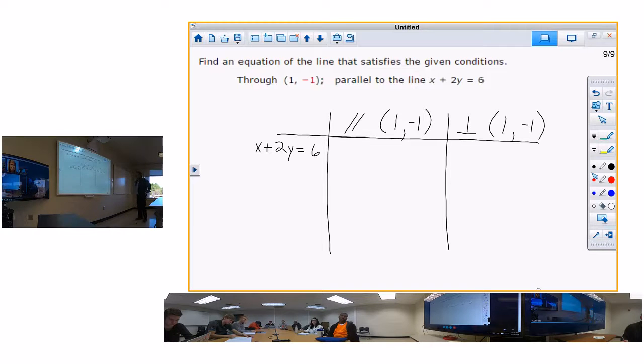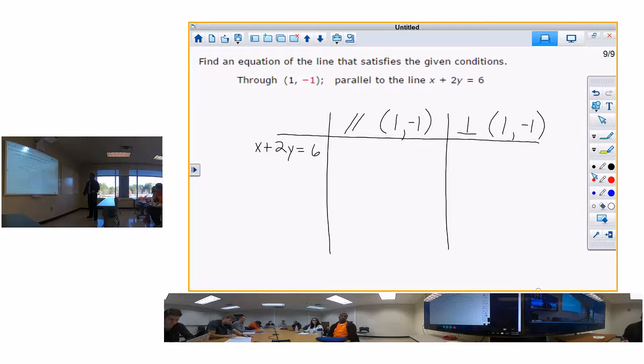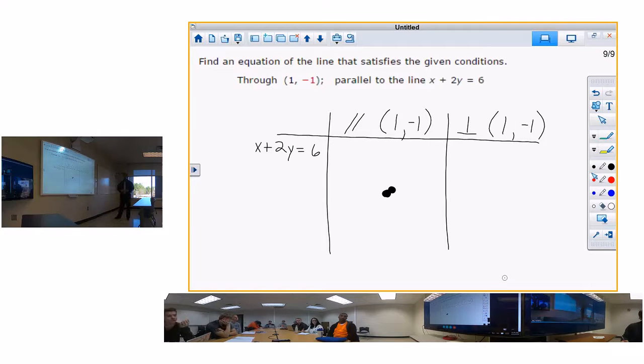Now, the LAD students don't like this because they're doing extra work, but the non-LAD students like it because they're killing two birds with one stone as far as review and remembering how to do something. This is the only two questions they're going to ask you: an equation of a parallel line and an equation of a perpendicular line.